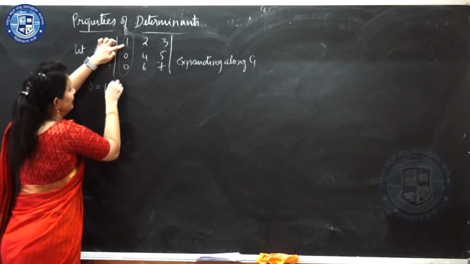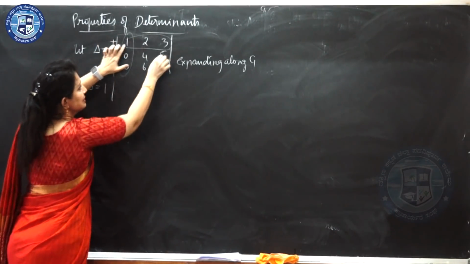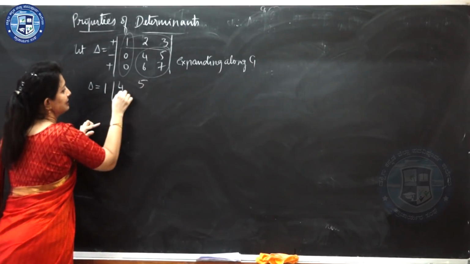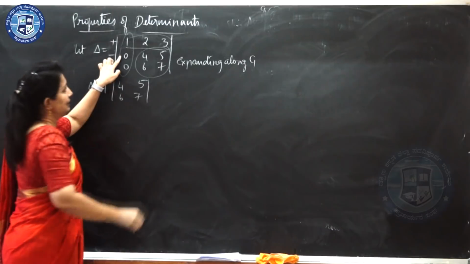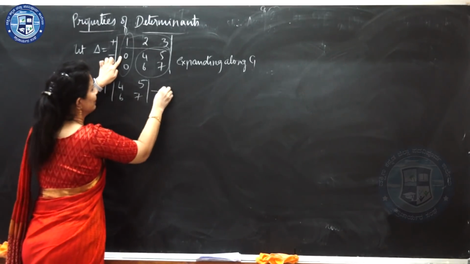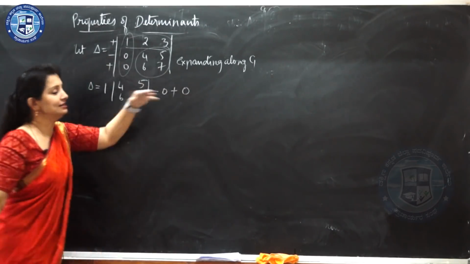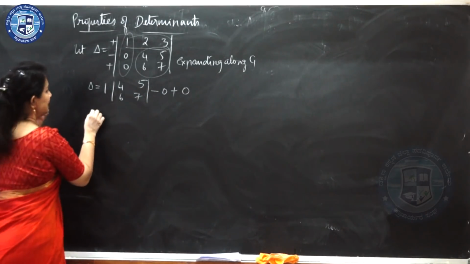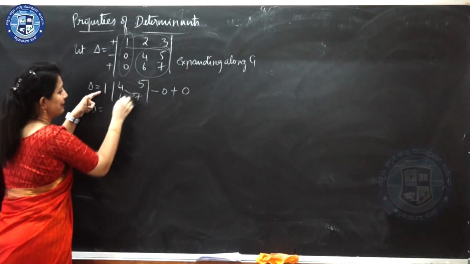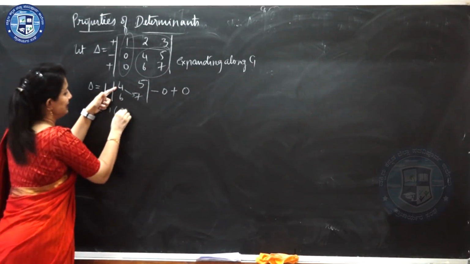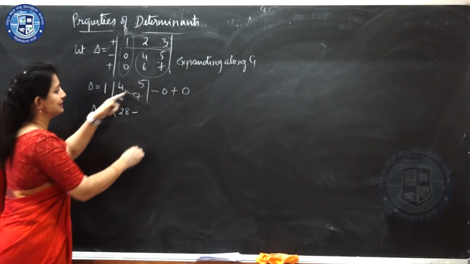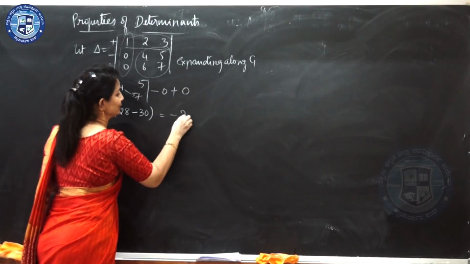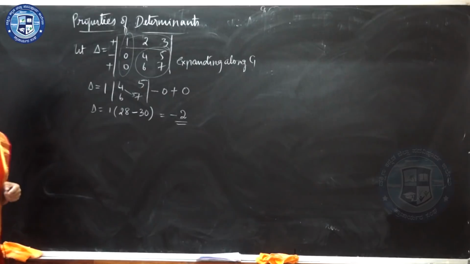So, 1 into, delete the row and column where 1 is, the 4 elements so formed, write it as the determinant 6, 7. Then the remaining elements are minus 0, plus 0. So, others are zeros. We don't want that. Only this much. So, what is delta here? Delta is equal to cross multiply 1 into 28 minus 5 into 6, 30. How much is this? 28 minus 30 is minus 2. So, delta is equal to minus 2.